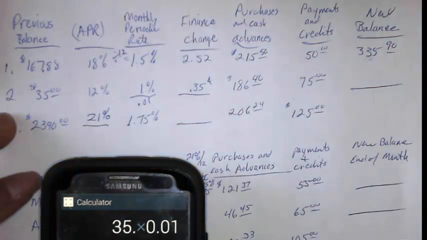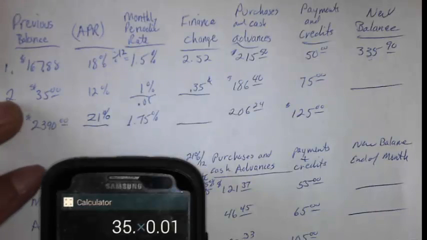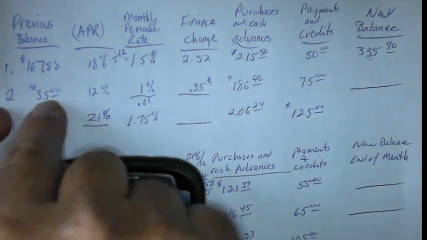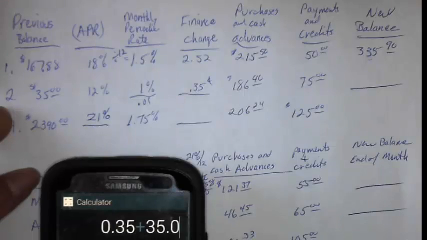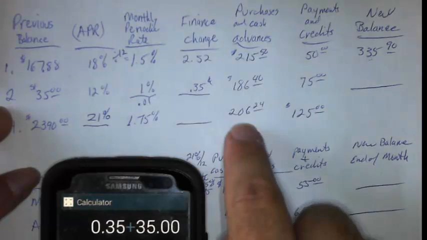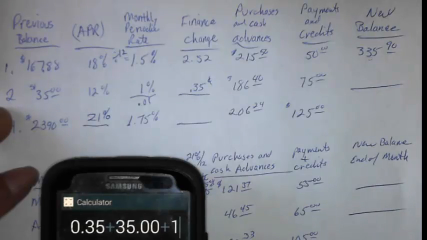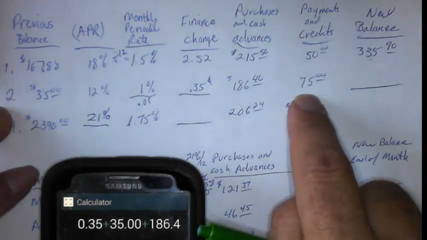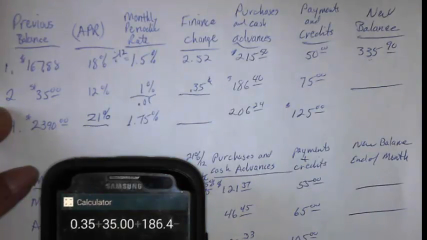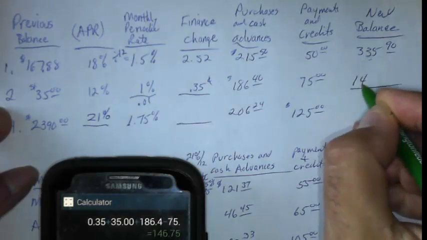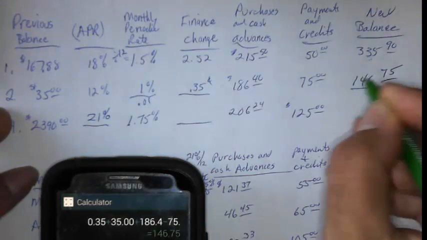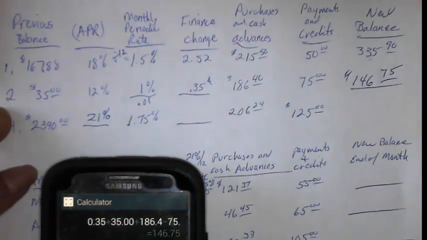Okay, we're going to add that to our previous balance plus any additional purchases, and subtract what we did as a payment, and we would have a new balance then of $146.75. Pretty straightforward stuff here.